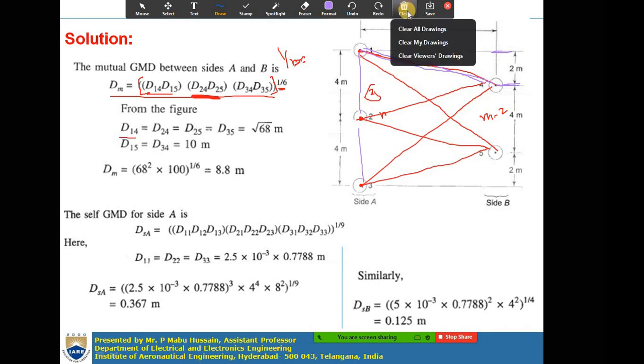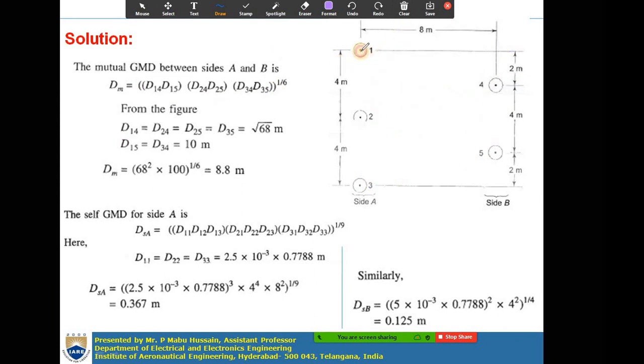Now, how can you calculate this? You have to use the Pythagoras theorem again, representing it like this. This is a right triangle. You know this value, which is 2 meters, and you know this value, which is 8 meters.